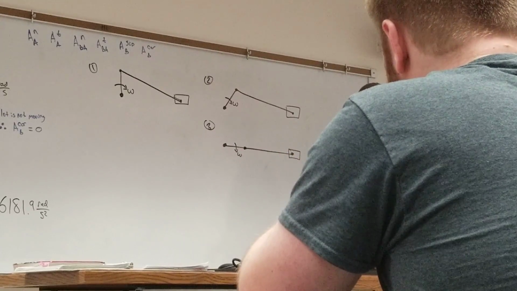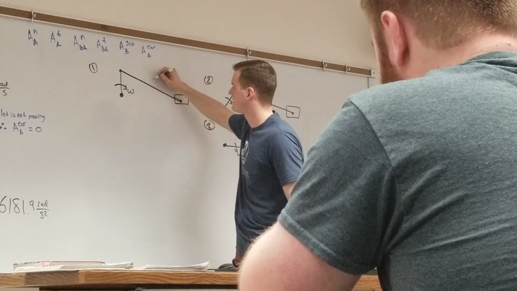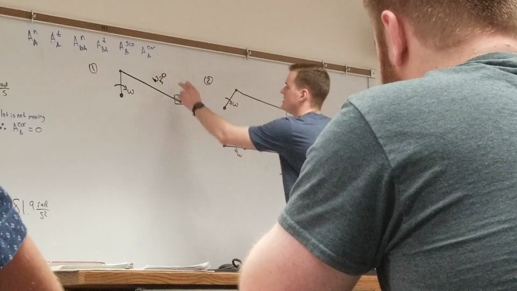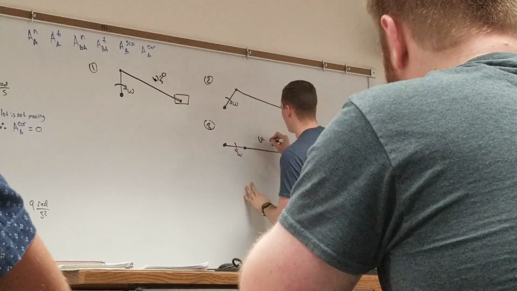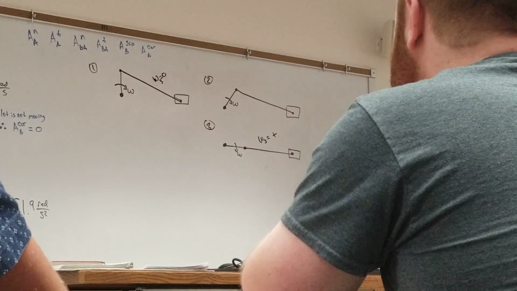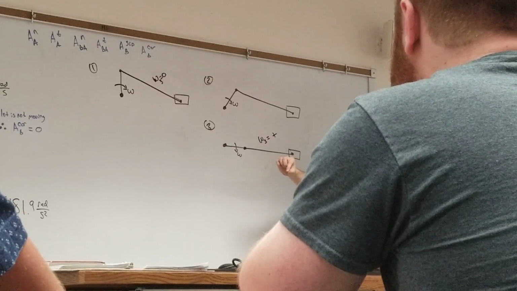Can you say that again? Because the angular velocity of this link is 0 here, and omega 3 here is positive. If something goes from 0 to positive in velocity, in between it's got to have a positive acceleration.